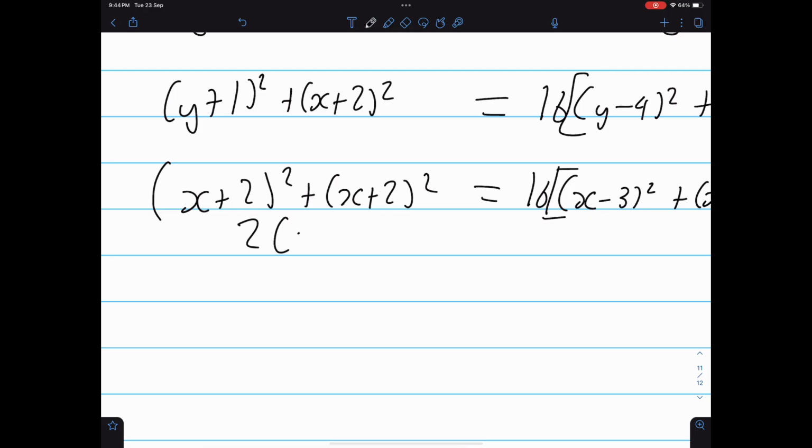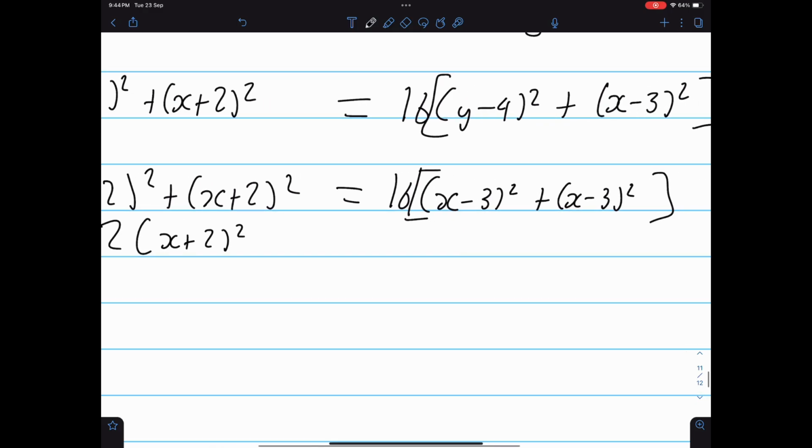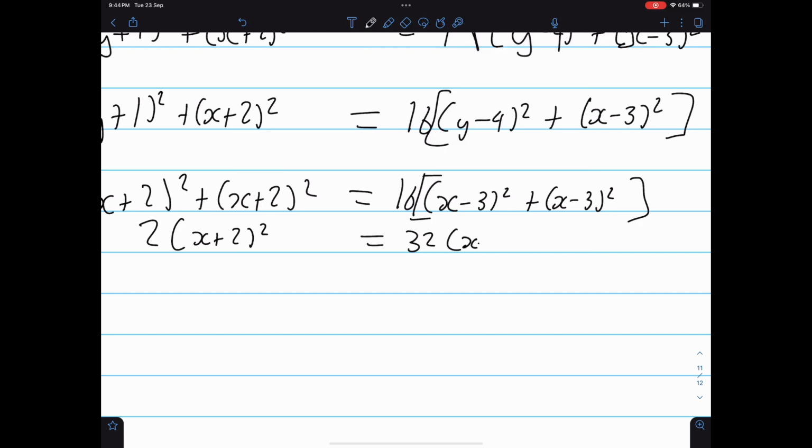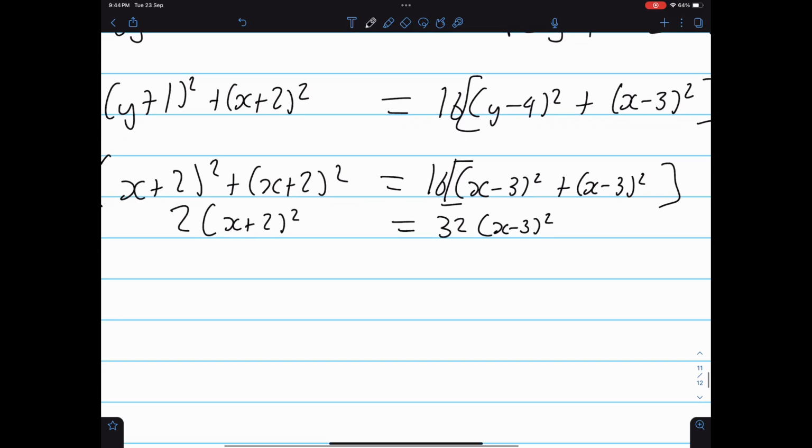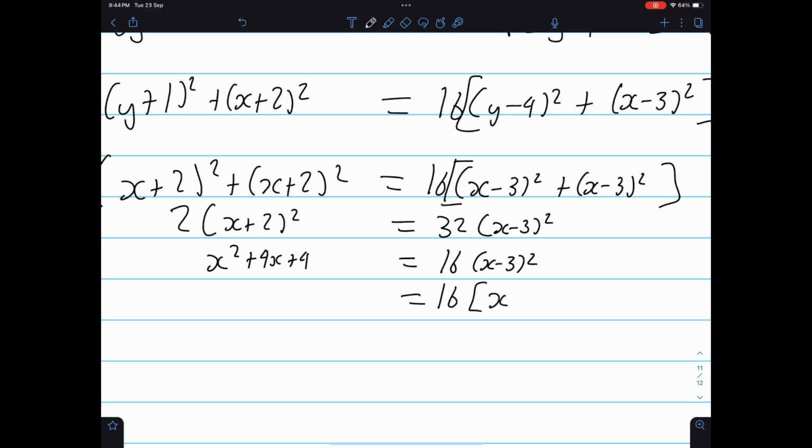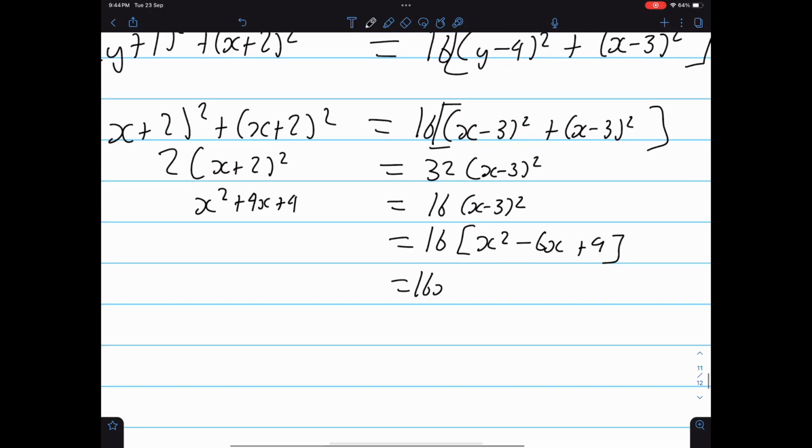And now if we just expand this partially, it's 16 times 6 is 96.